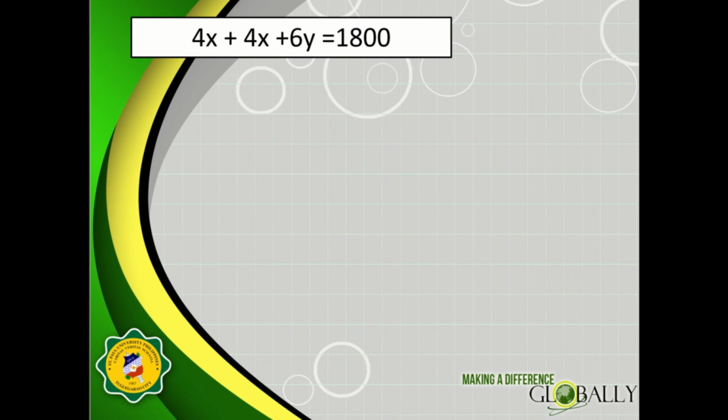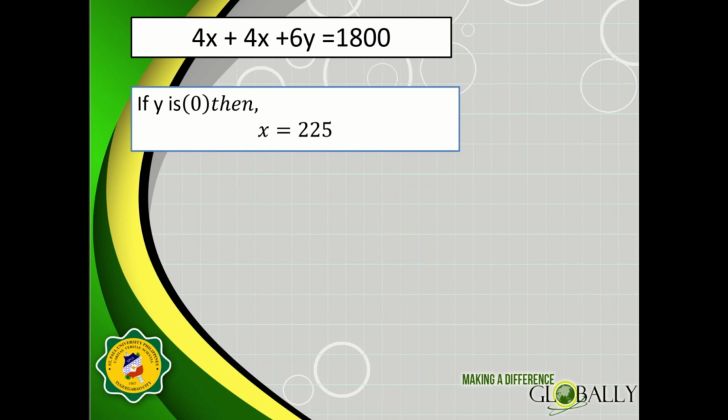We can get the interval, because the interval is missing here, by letting x and y be 0, because both x and y must be non-negative, and finding the value of x that will make A an absolute maximum. So if y is equal to 0, then x would be 225 because 8x plus 0 is equal to 1,800.